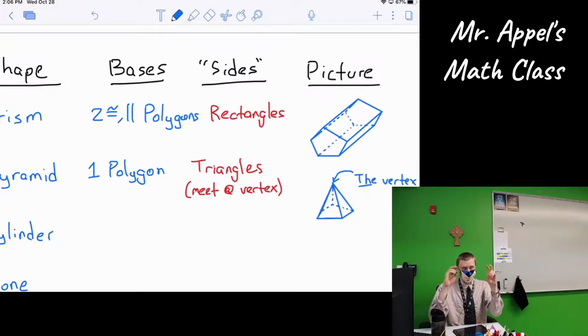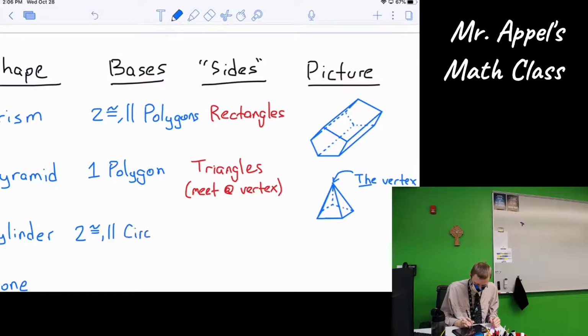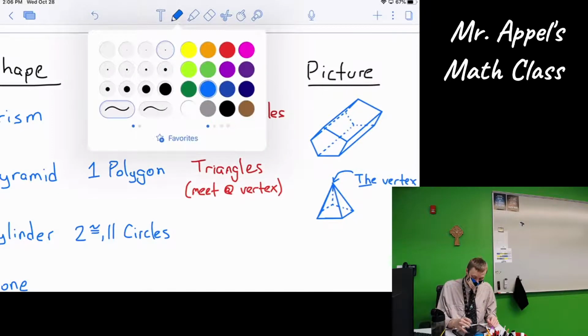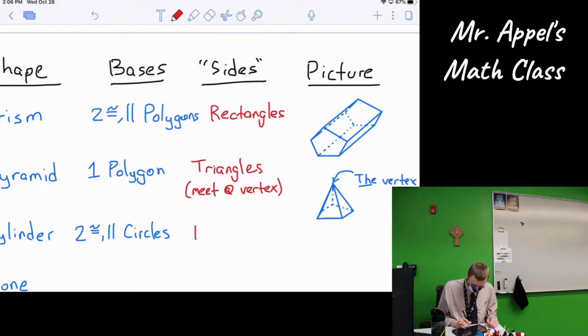This is where sides is in quotes here. So a cylinder, the difference is instead of polygons, it uses circles. Two congruent parallel circles. And the side is actually one rectangle.